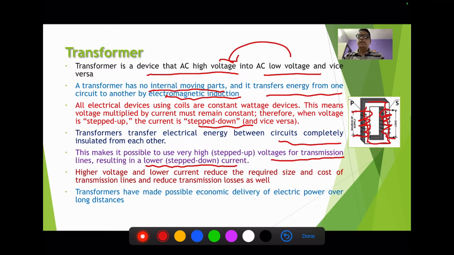High voltage and low current reduce the required size and cost of the transmission line, and also reduce the transmission loss. So transformers make it possible to deliver electrical energy in a very economic way, over long distances.